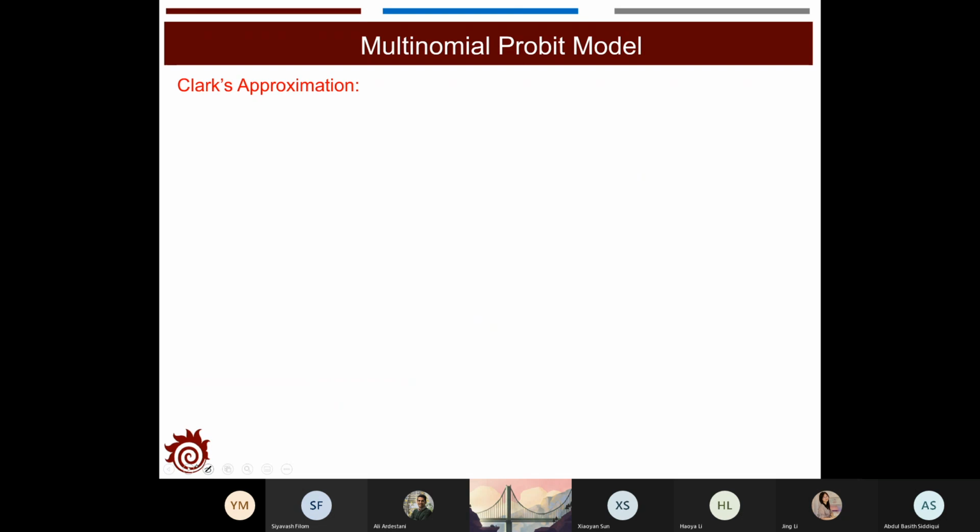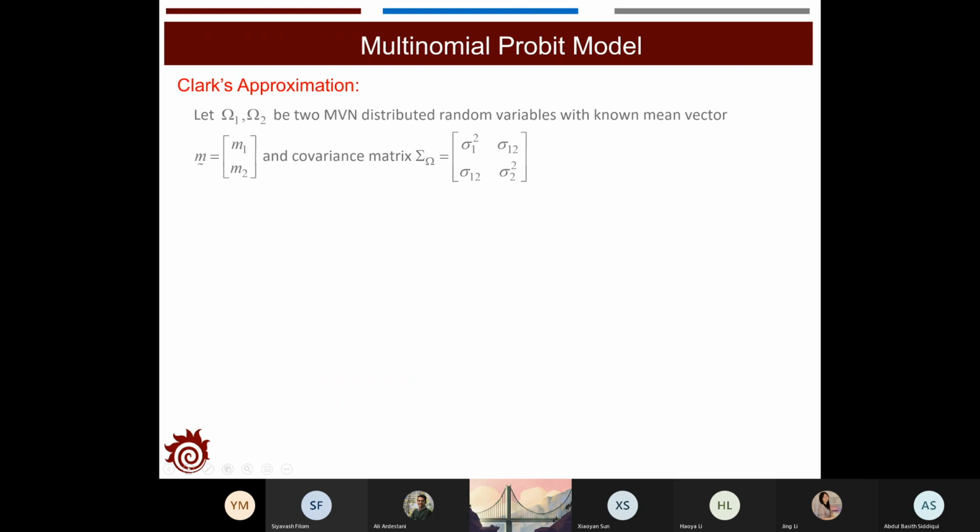Assuming that we have 2 random variables, omega 1 and omega 2, they are multivariate normal distributed random variables. We know their mean and covariance, in the general case: their means are M1 and M2, and the covariance is sigma 1 square, sigma 1 2, and sigma 2 square.